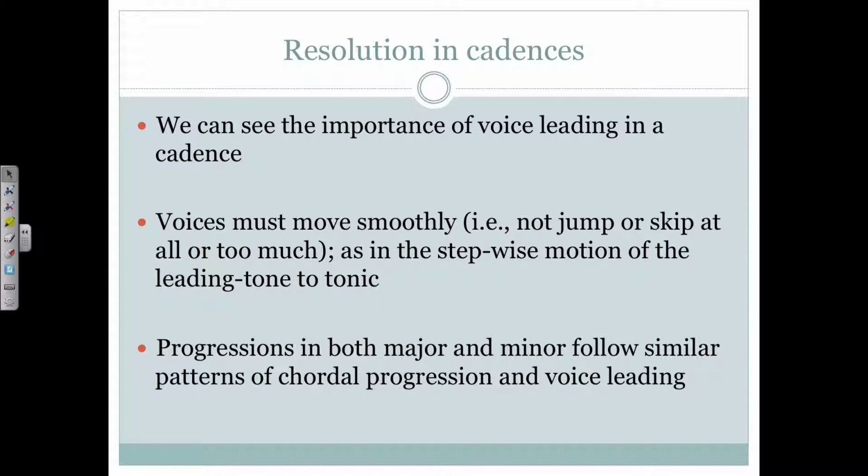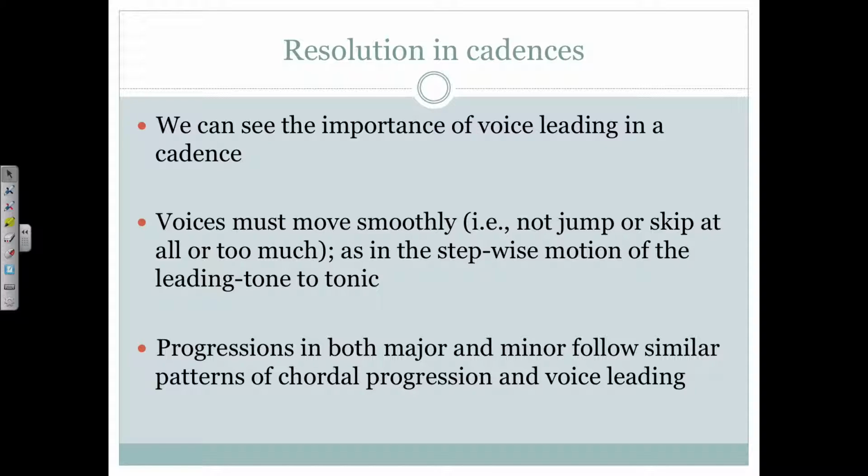What we want to hear in cadences, and what we probably already notice, is this sense of resolution. So the dominant moving to tonic, the dominant has to resolve to the tonic. We can see the importance of voice leading in a cadence, mainly because it will sound conclusive if the voices sound like they're coming to a rest as well. Voices must move smoothly. So think of the soprano, alto, tenor, and bass line of the Bach chorale that we just heard.